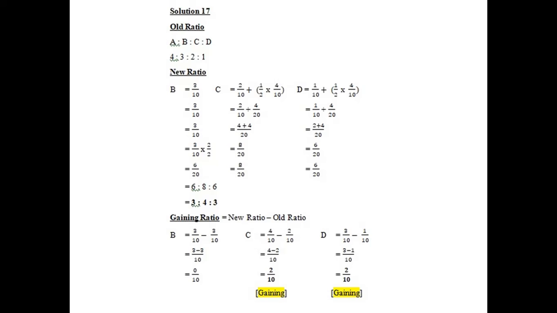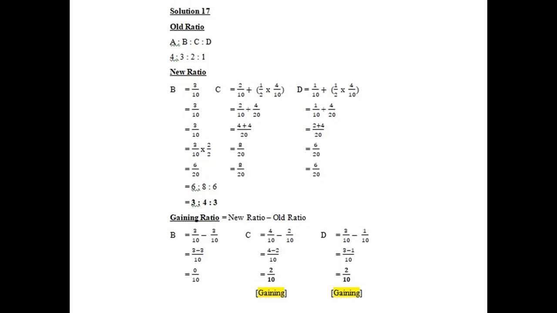Anyway, let's have a look here. A, B, C, and D are the partners in the ratio 4 is to 3 is to 2 is to 1. That is 4 plus 3, 7, 7 plus 2, 9, 9 plus 1, how much? 10. So A is 4 by 10, B is 3 by 10, C is 2 by 10, and D is 1 by 10.